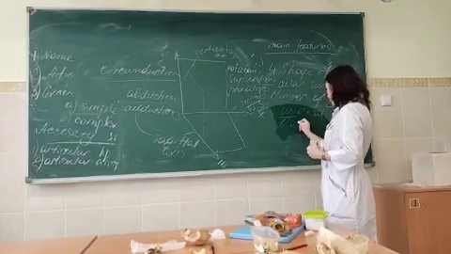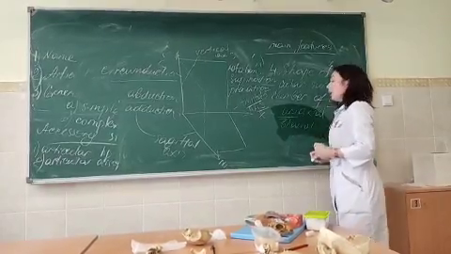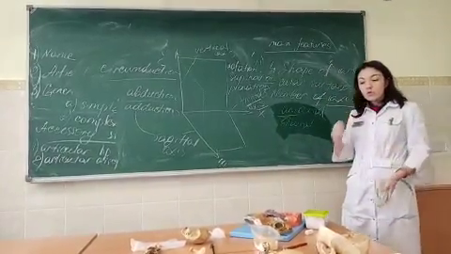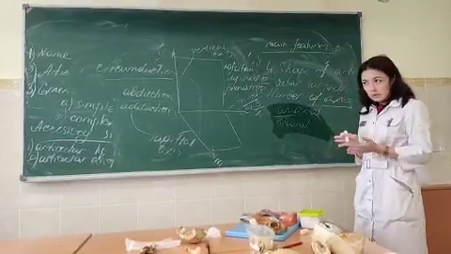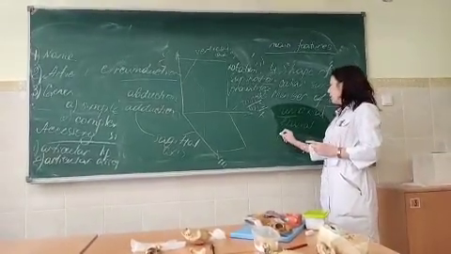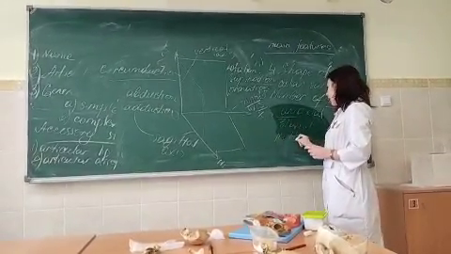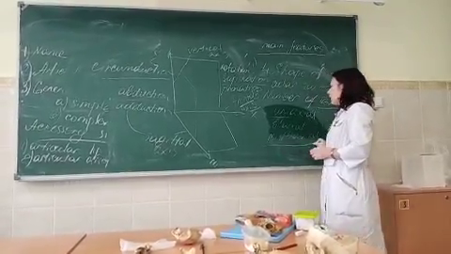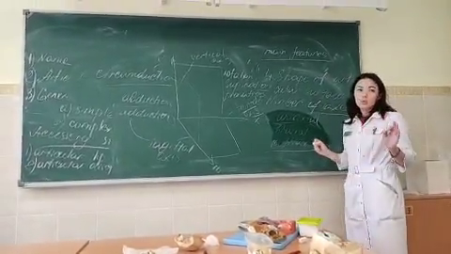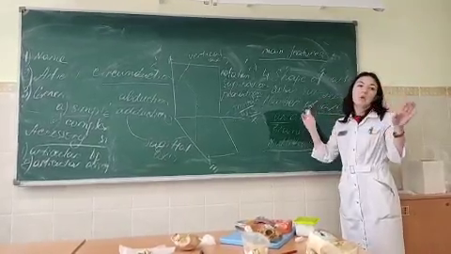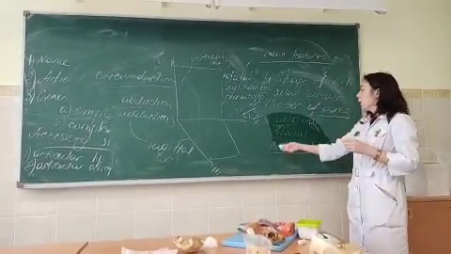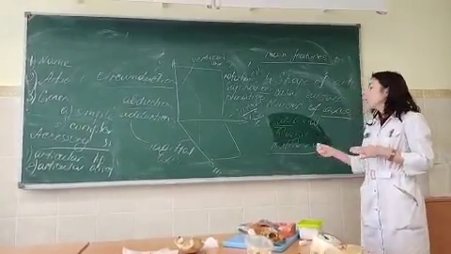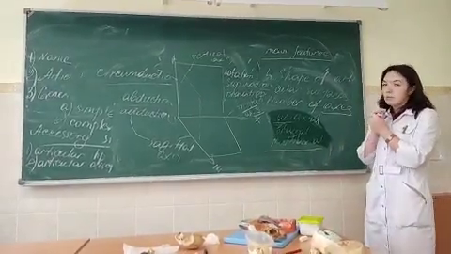Bi means two. And if movement is possible around all three axes, then it will be multi-axial. Because ancient scientists couldn't count more than two, and three was too many for them.